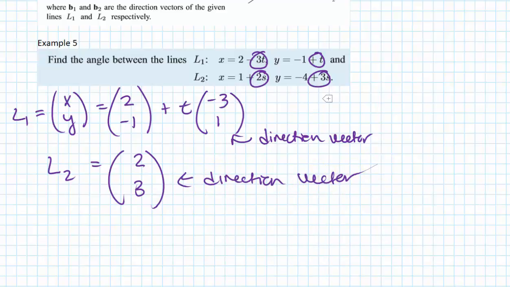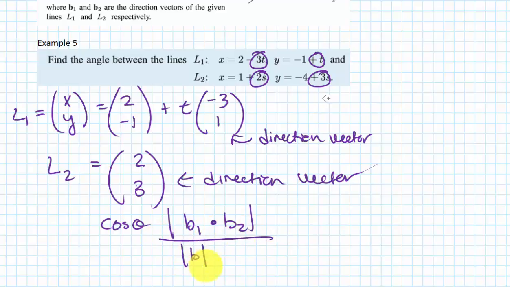So our equation is cosine theta equals b1 dot b2 over the magnitude of b1 times the magnitude of b2. So you might be asking, what are the b's? Those are the direction vectors. Same notation from earlier.